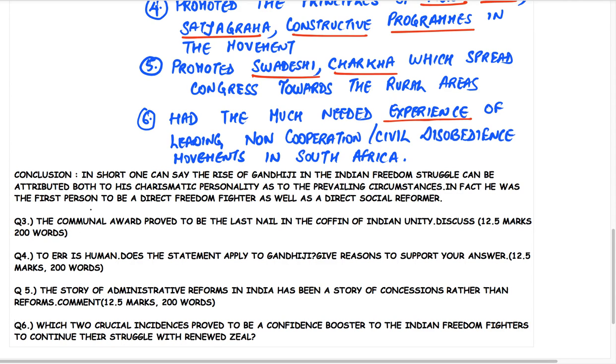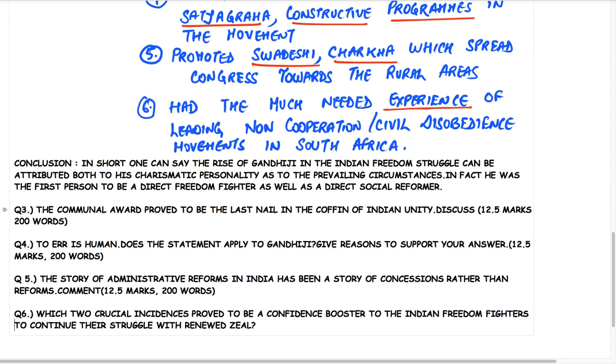Next, another question which is crucial is, to err is human. To err means making mistakes, is a human instinct. Does the statement apply to Gandhiji? Now, a very good, intelligent question. So, has Gandhiji made mistakes? In fact, the question is asking, or was it that Gandhiji didn't make any mistakes in the freedom fight?